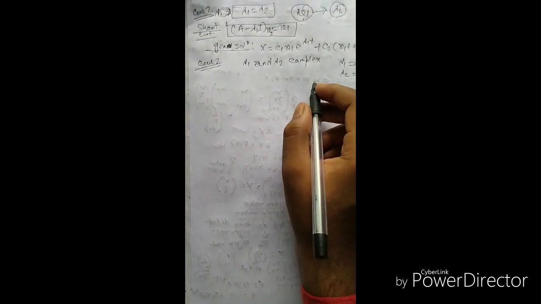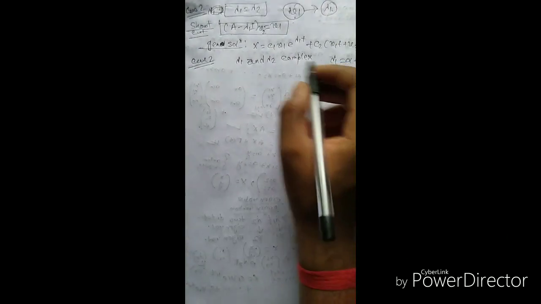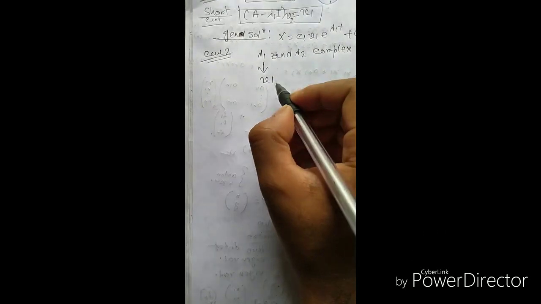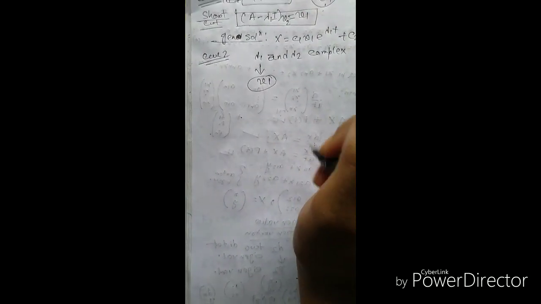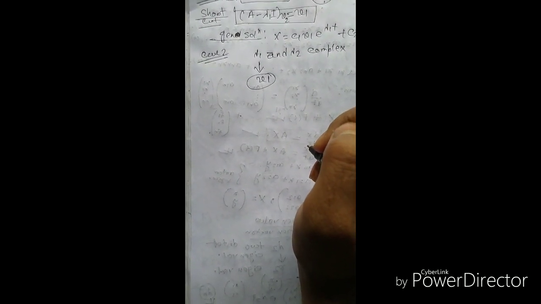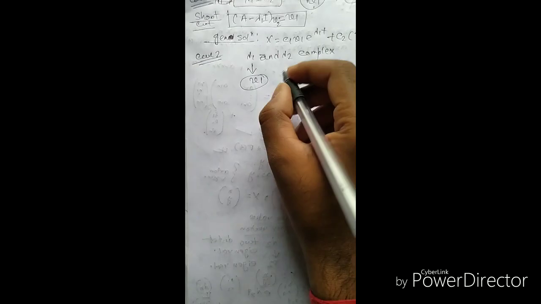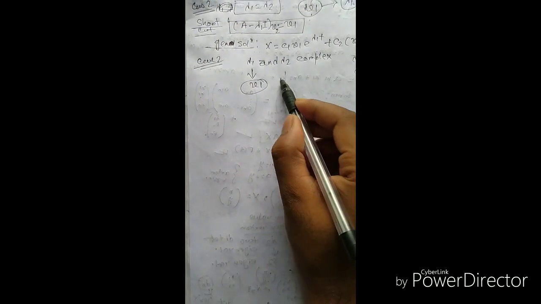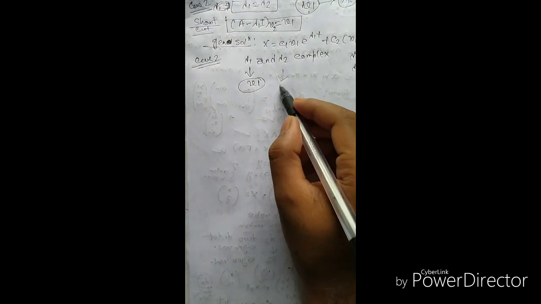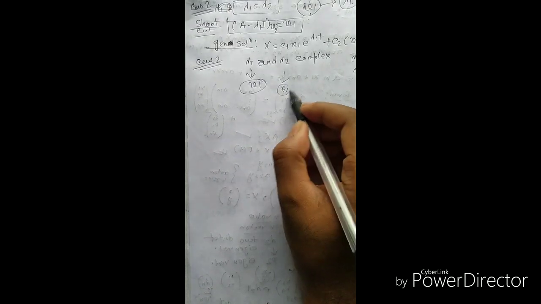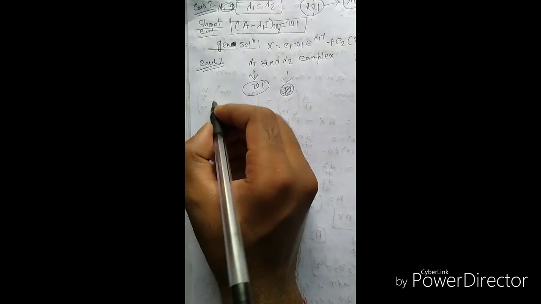Now if lambda 1 is an eigenvalue and v1 is the eigenvector corresponding to the eigenvalue lambda 1, there is a shortcut method to find the general solution.